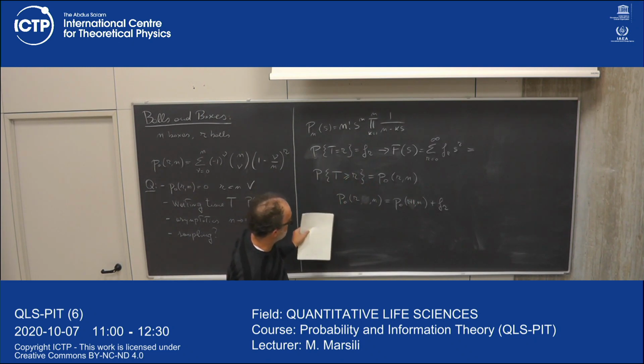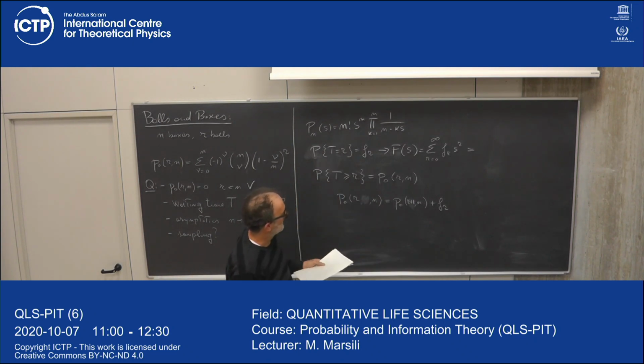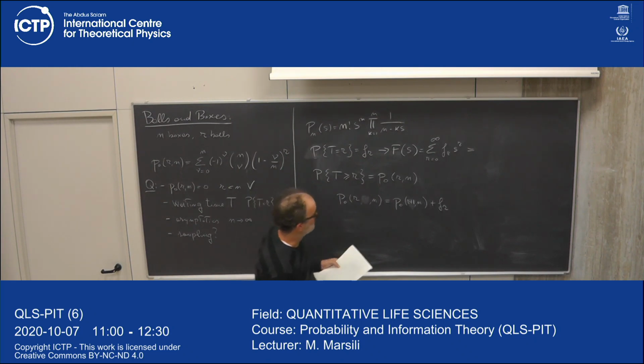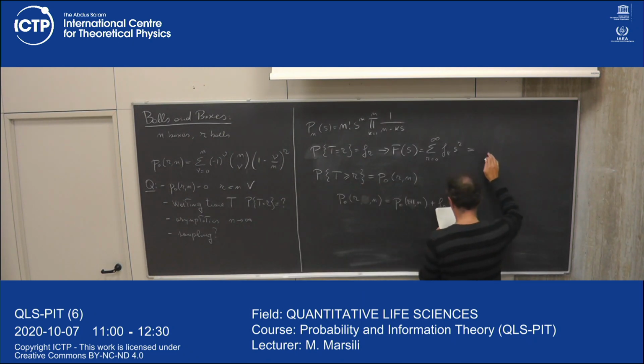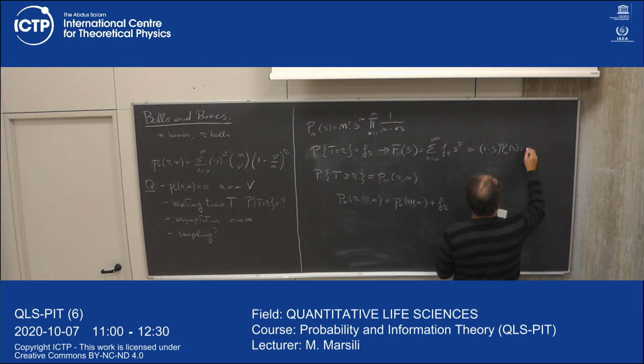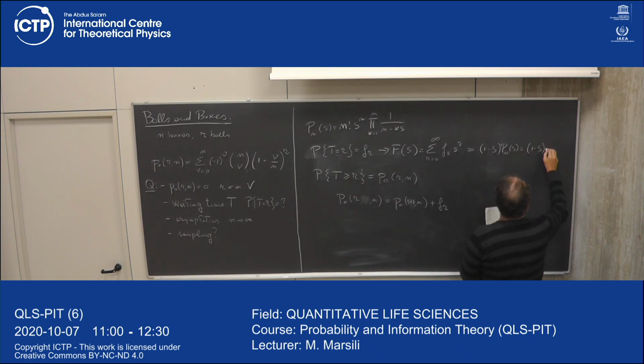So if you take this equation and multiply by s to the r and sum over r, then you get the expression that this generating function must be equal to 1 minus s times Pn of s, which is 1 minus s times n factorial s to the n product over k of 1 over n minus k s.